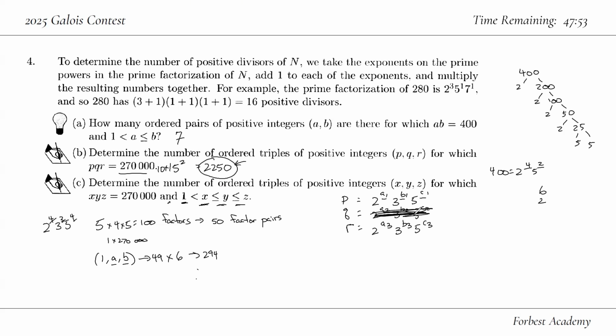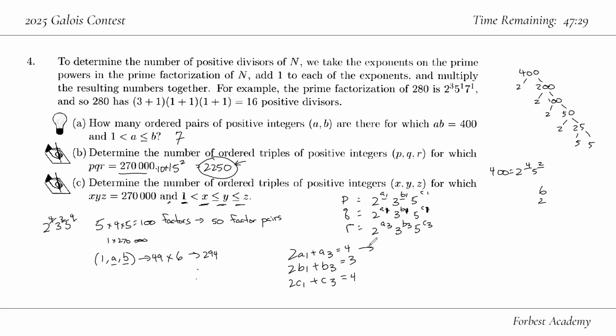If P and Q are the same, this would be A1, B1, and C1. So then we have 2A1 plus A3 equals 4. 2B1 plus B3 equals 3. 2C1 plus C3 equals 4.